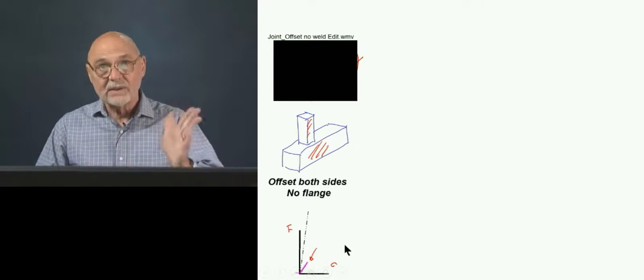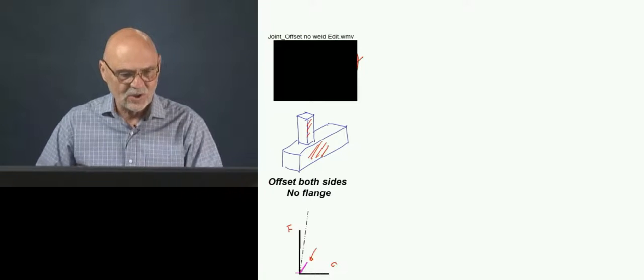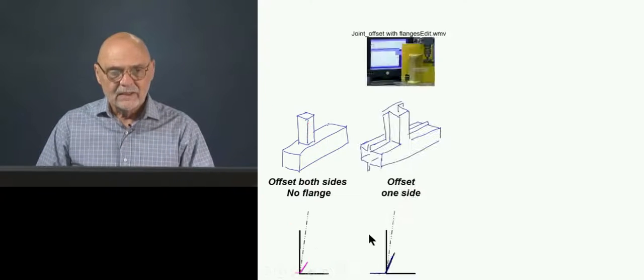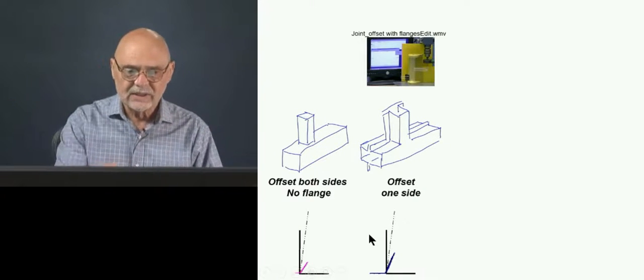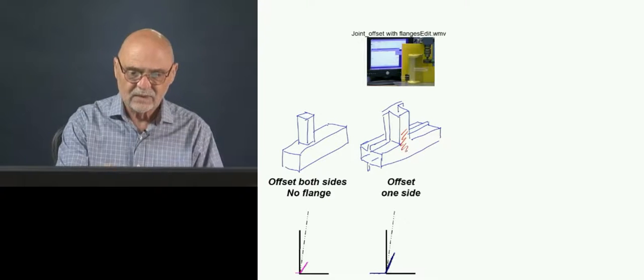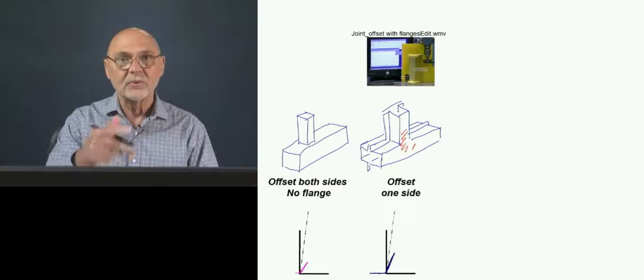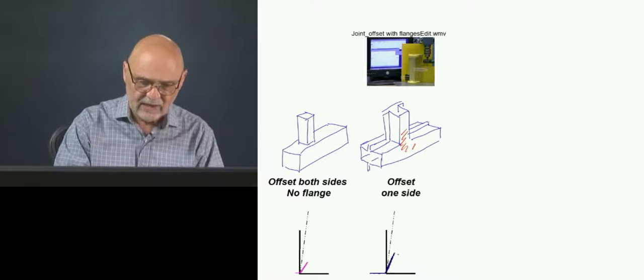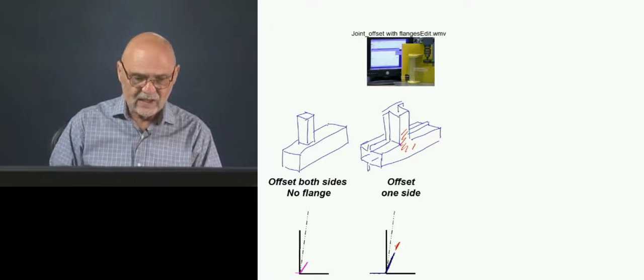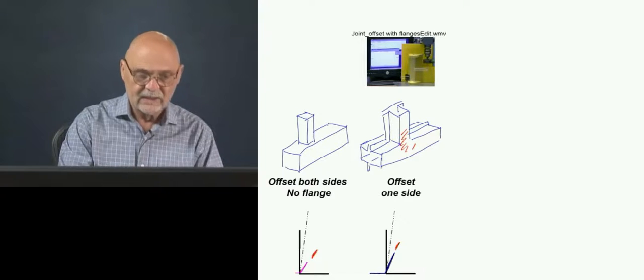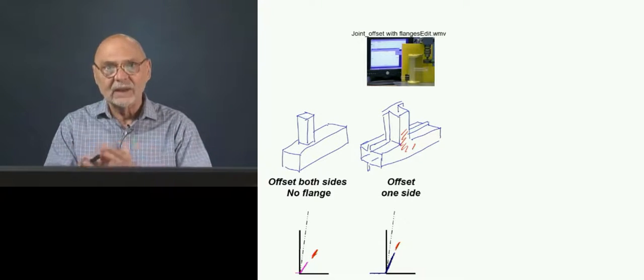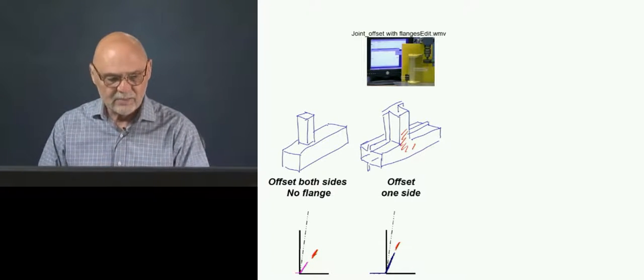So again, we want that to be as high a slope as possible. So here we just align the surface of one side. I won't go through the video here, but you can see that the slope of the colored line here is much greater than this slope. So you can get an idea of the order of magnitude improvements.